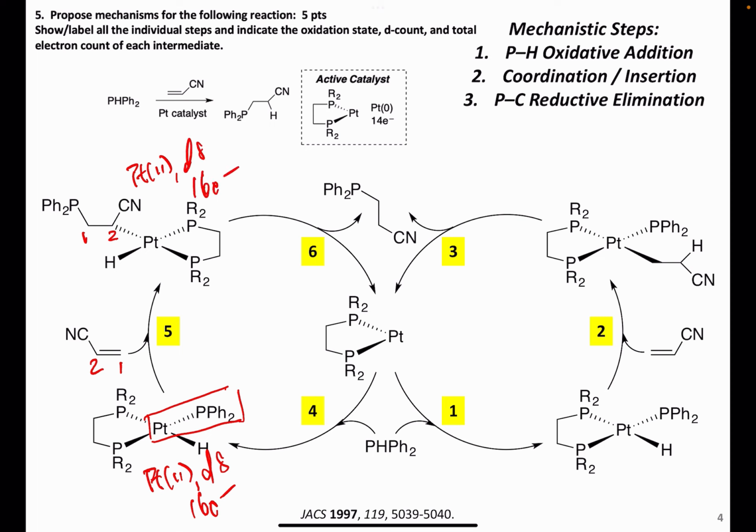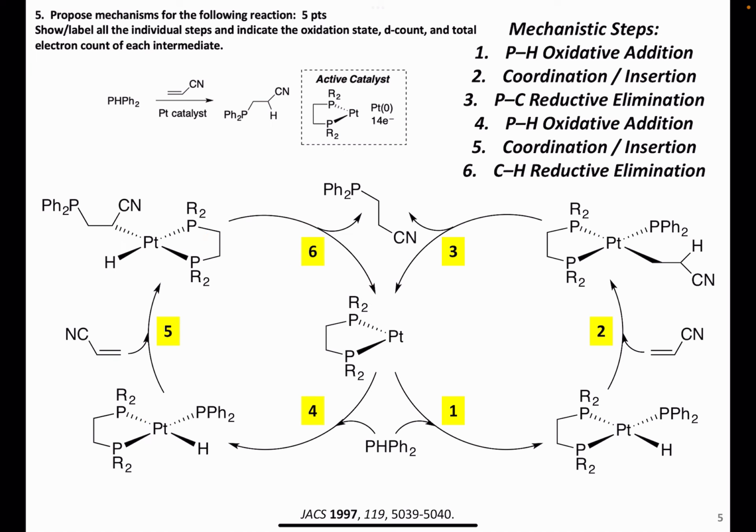This 16-electron compound can now undergo CH reductive elimination. When it undergoes CH reductive elimination, you regenerate your active catalyst and form your hydrophosphonation product. And in fact, this process is exactly how this catalytic cycle works. You get a PH oxidative addition first, followed by coordination and insertion of acrylonitrile into the platinum-P bond.